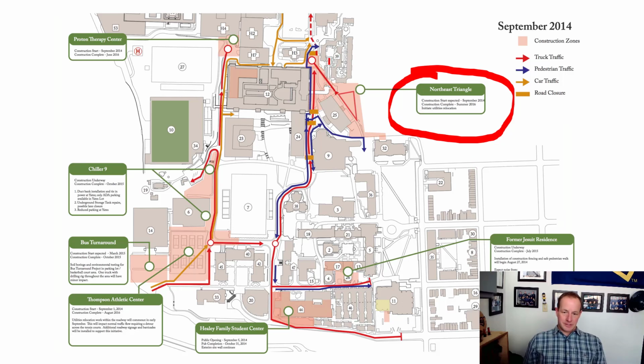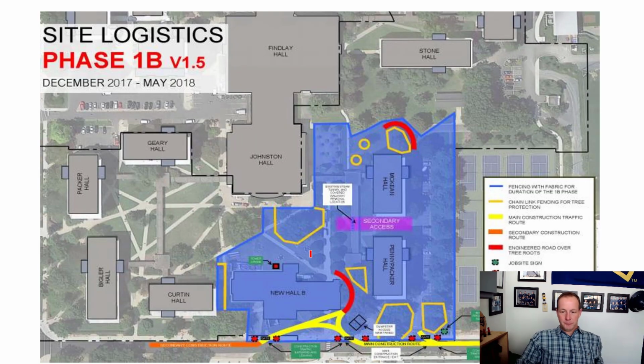Now, these routes, they could have called it out, like pointing to the red and saying this is the truck traffic route, and then pointing to the blue and saying this is the pedestrian traffic route. But what they've done here with the legend actually works pretty well. So I like what they've done in this particular plan.